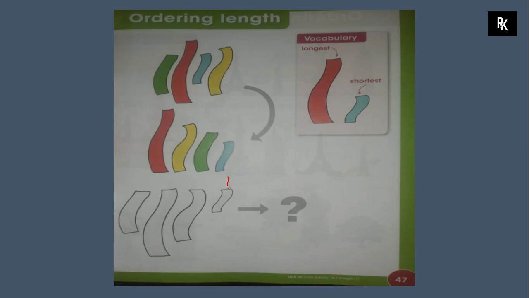So this ribbon will come first. This is second. This one will be at the third position, and it will be the fourth one. So now we have marked these ribbons in their correct order from smallest to the longest.